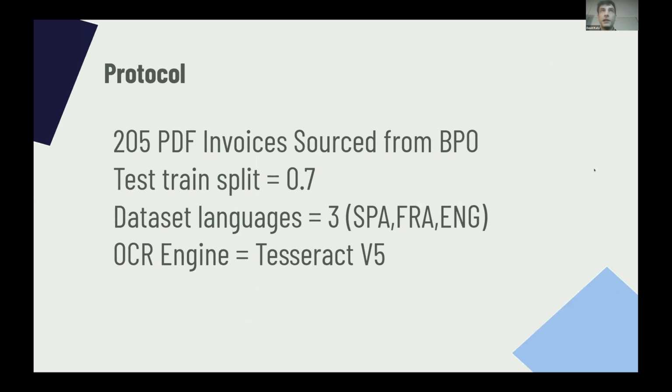Now I'm going to talk a little bit about our experimental protocol and finally show you our results. We sourced 205 multi-page PDF invoices ranging from 1 to 3 pages, most of them containing only 1 or 2 pages. And they were sourced from a real-world business process outsourcing company that takes care of the processing and data entry of these invoices.